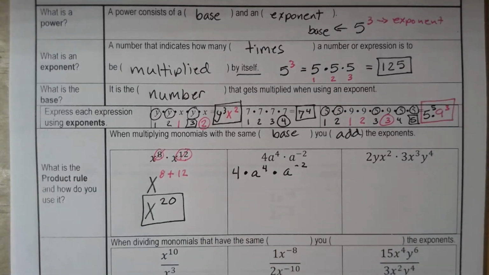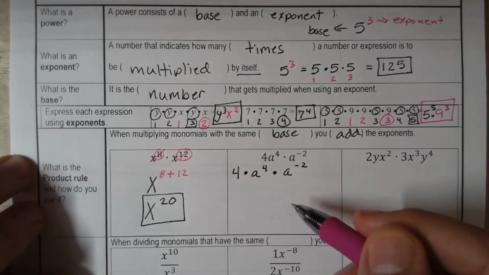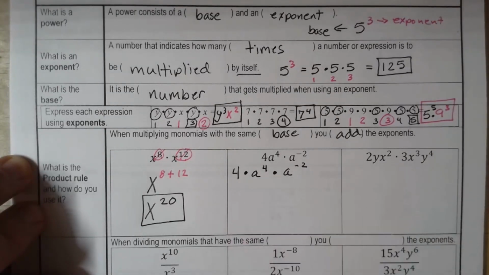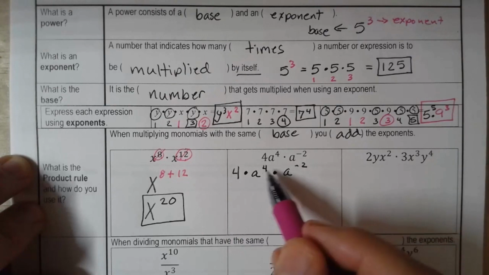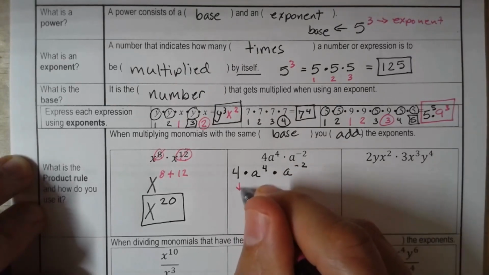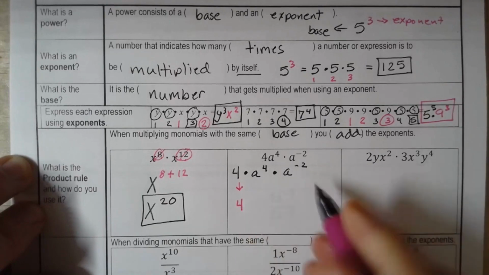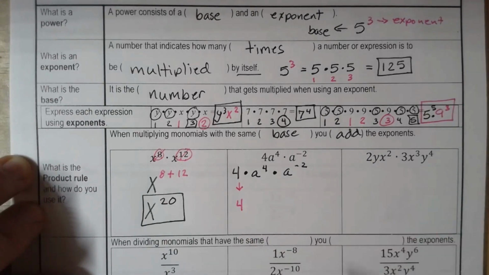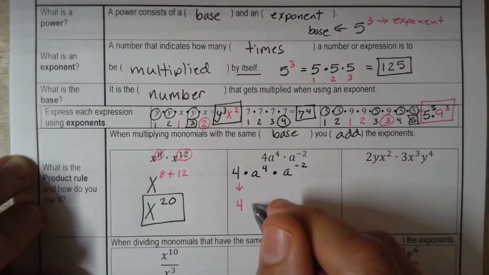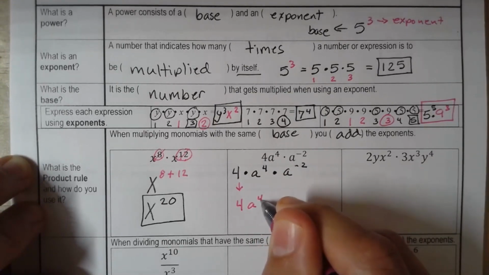So now when this is done, what I want to do is go ahead and multiply our same base exponents, right? And so that we can get our final answer. Now, I'm just going to bring down the 4. There's no other constants for me to multiply 4 to, so I'm just leaving it as 4. And then this a to the 4th, we have a to the 4th power.